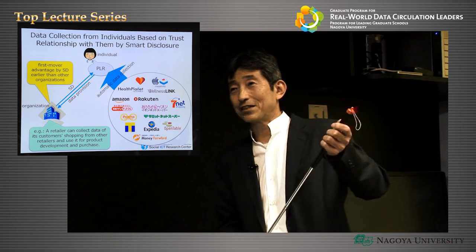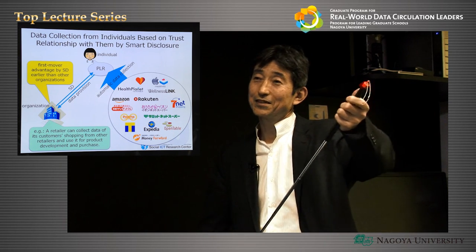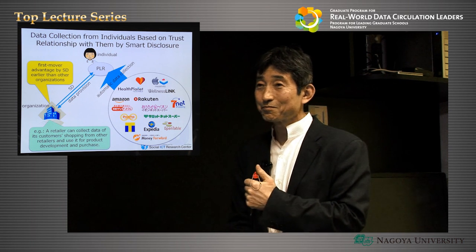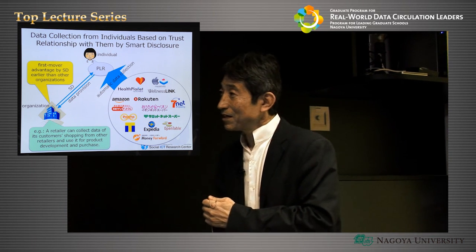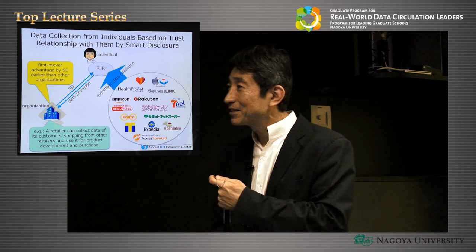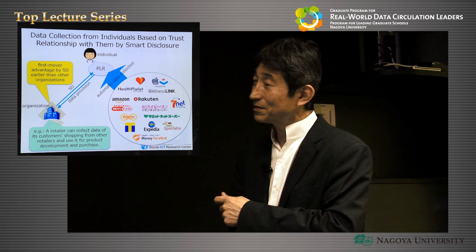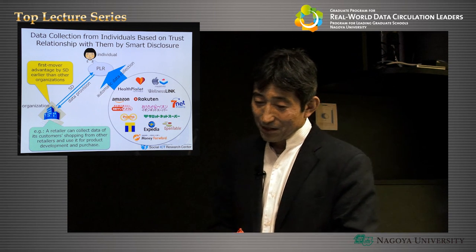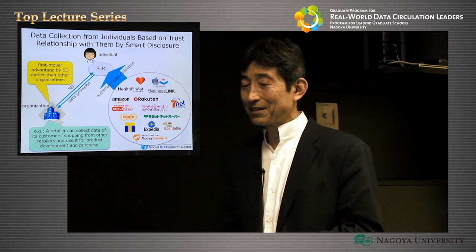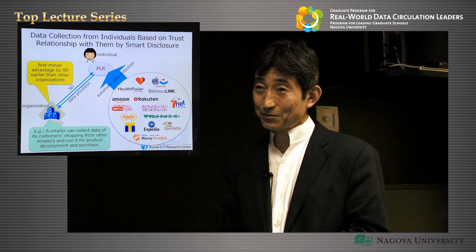So what's the incentive for vendors to do smart disclosure? The incentive for the vendors is to develop some trust relationship with the customers. You've been hearing about IoT, Internet of Things.